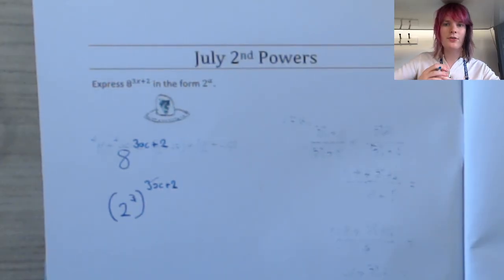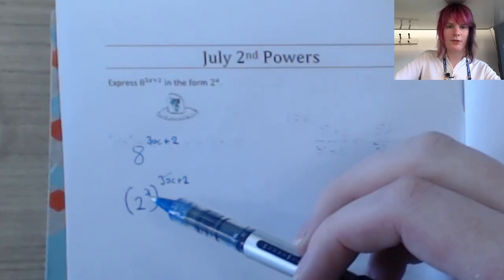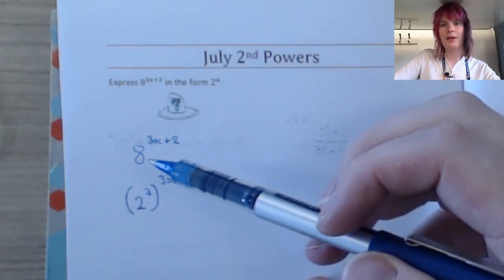Now we could just do this using power laws. So if you remember your rules of indices, if we have something like this, we can multiply them together.